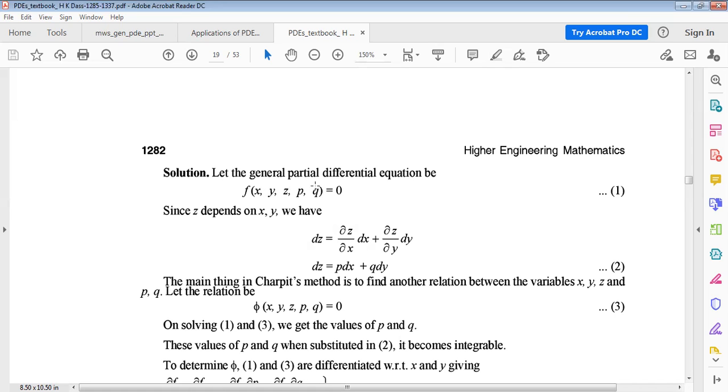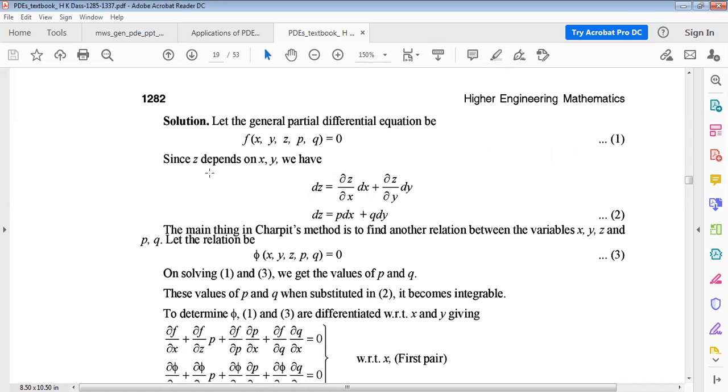These are the 5 unknowns. So z depends on x, y. Remember it. So dz equals this, by the definition of total differentiation. That means dz equals p dx plus q dy. The main thing in Charpit's method is to find another relation between the variables x, y, z, p, q.